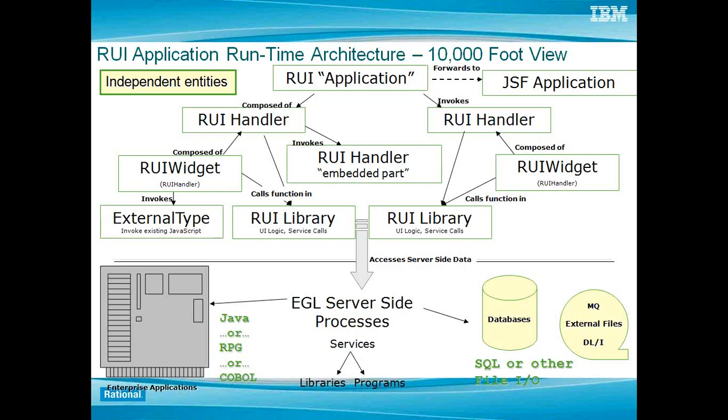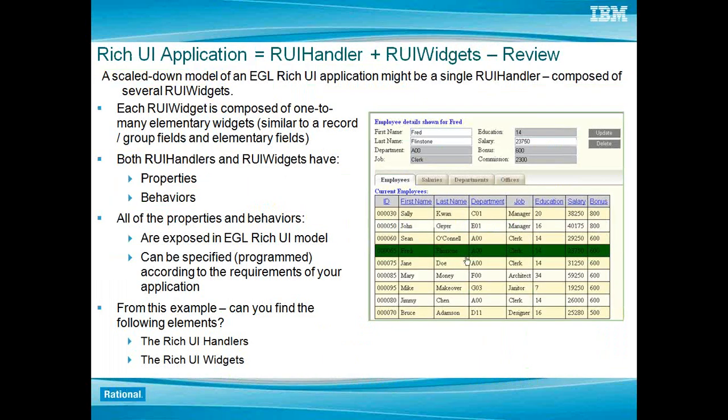So there is a complex architecture. There is a complex relationship between different handlers, widgets, libraries, external files, and so on. So how can we notify each other, and how can we have communication between these different handlers or widgets?